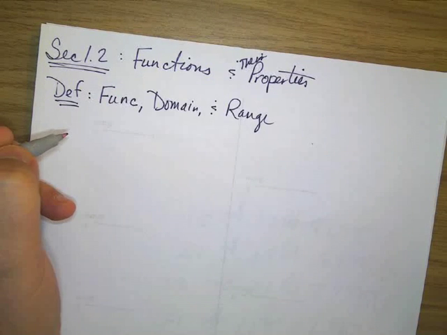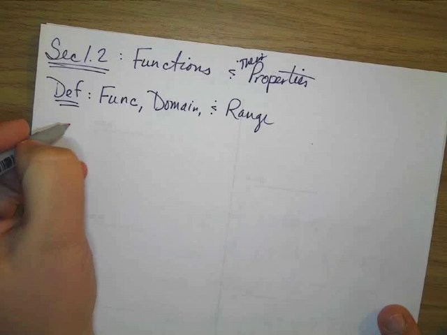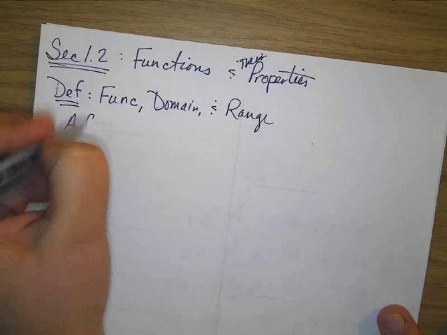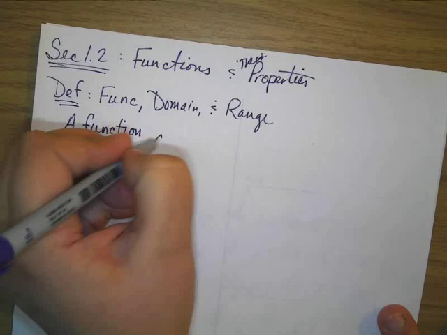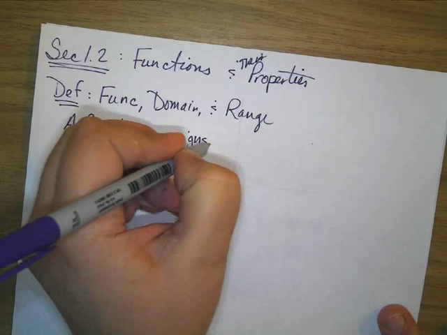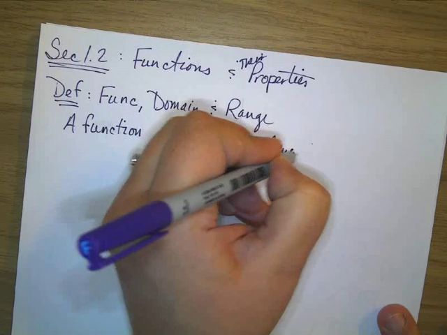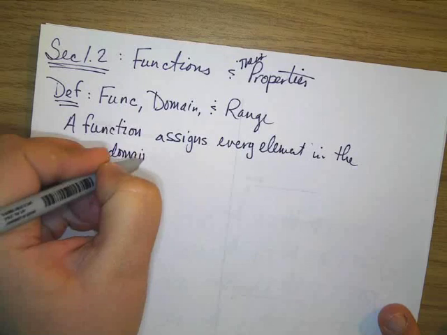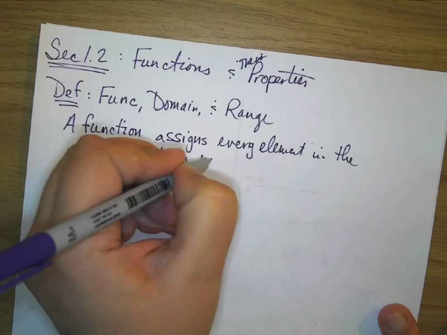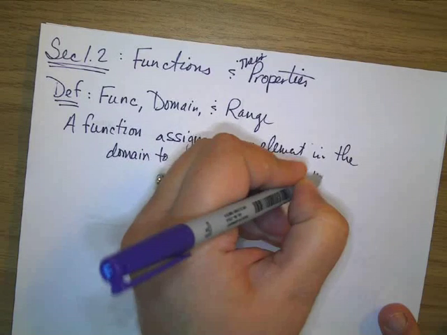So function, domain, and range. What a function does is it assigns every element in the domain to a unique element in the range.